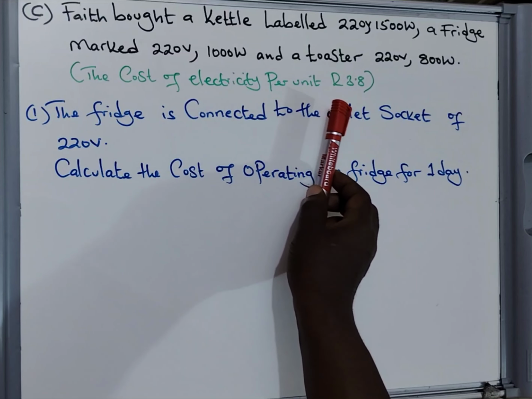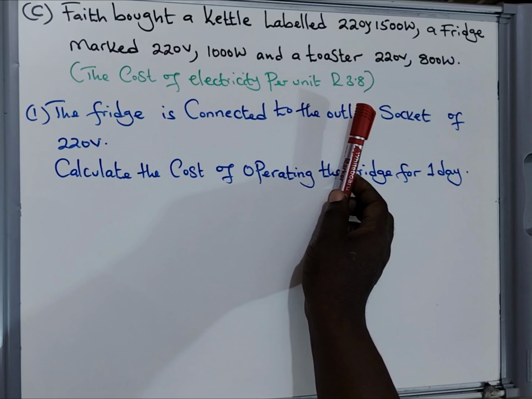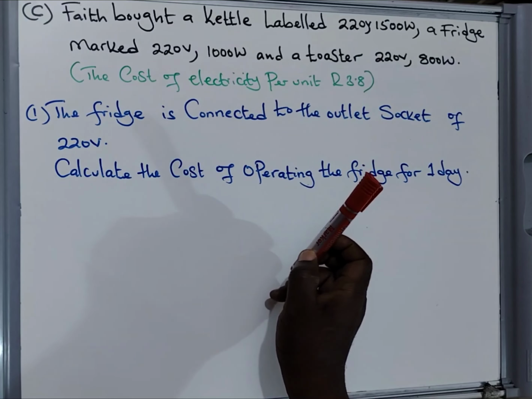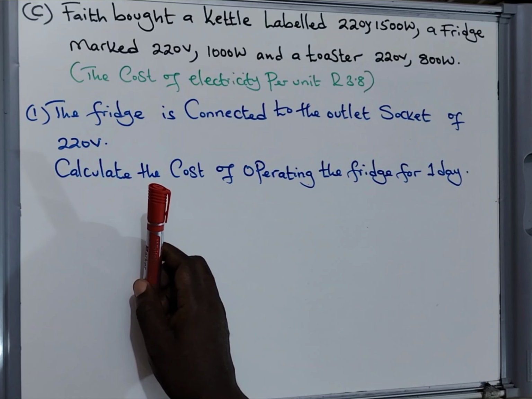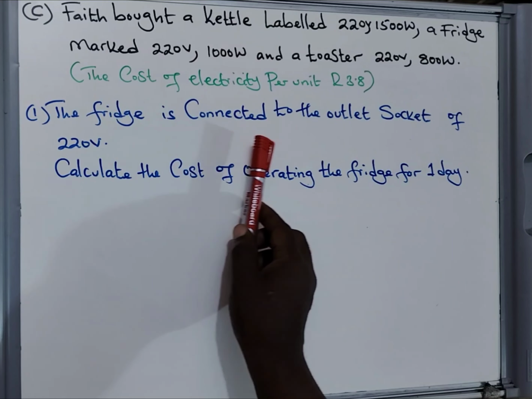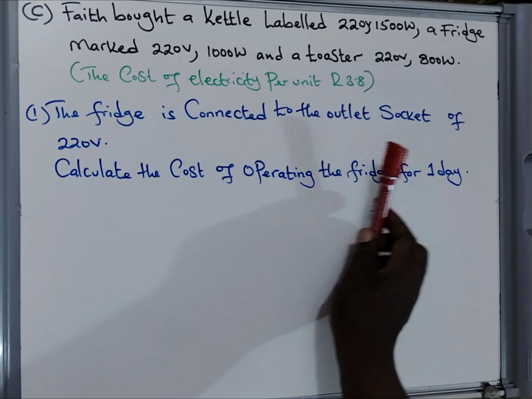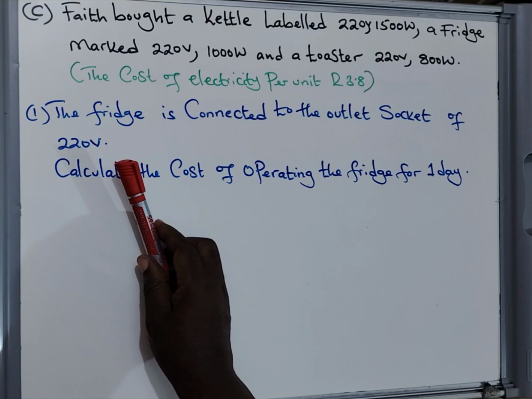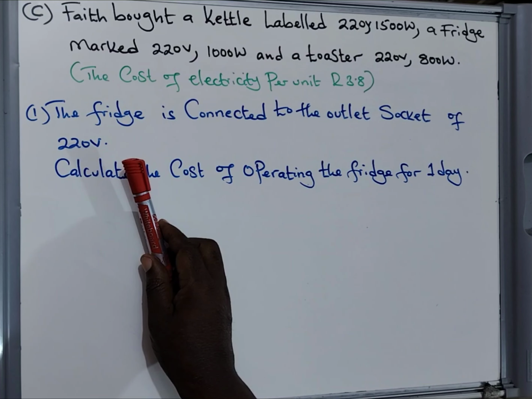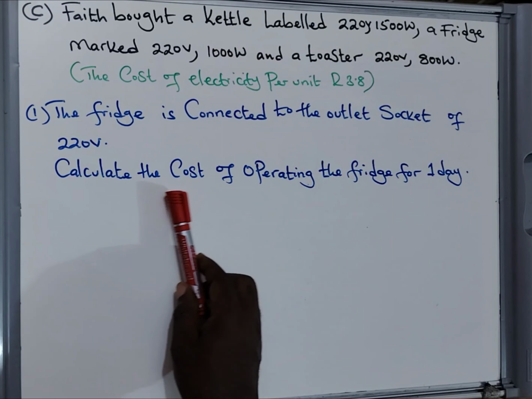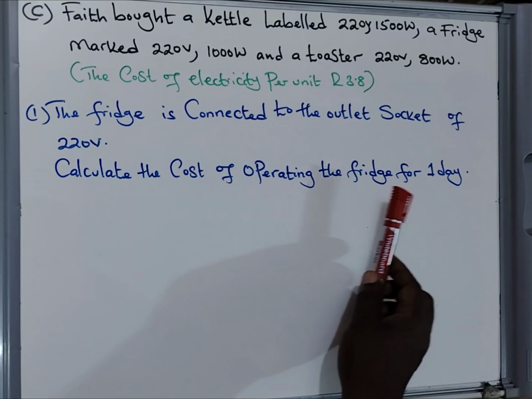The cost of electricity per unit is given as 3.8 Rand. The fridge is connected to the outlet socket of 220 volts. Calculate the cost of operating the fridge for 1 day.